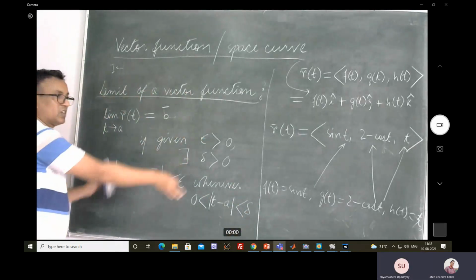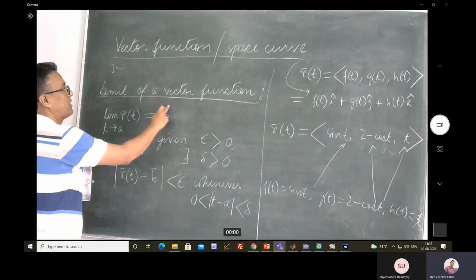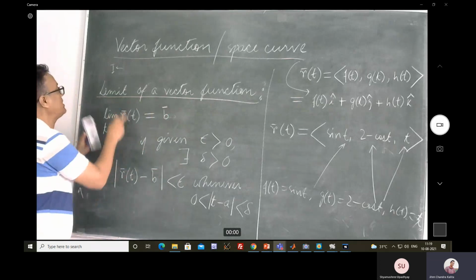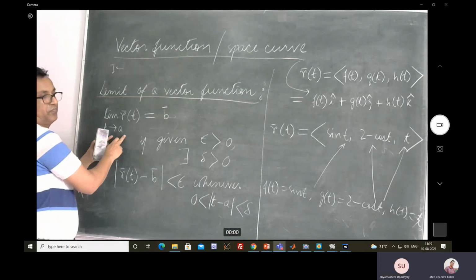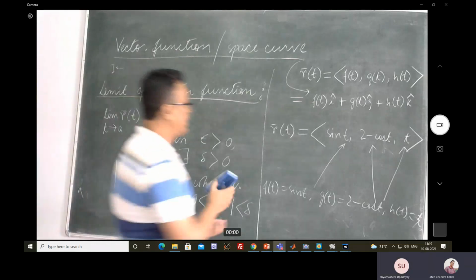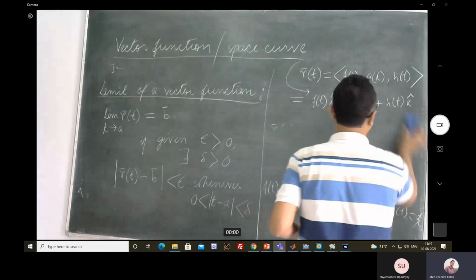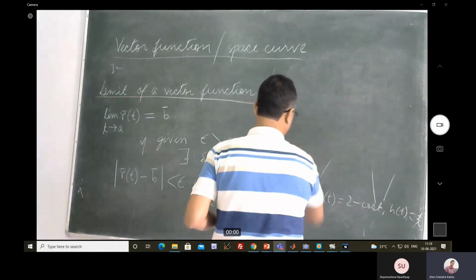If this condition is satisfied, then we say that this vector B is the limit of the vector valued function r as t tends to A. Now here one thing is here.